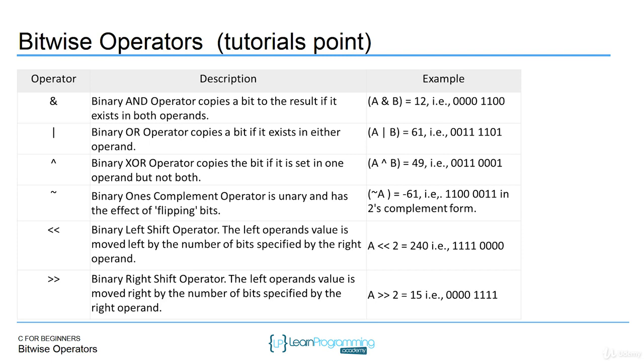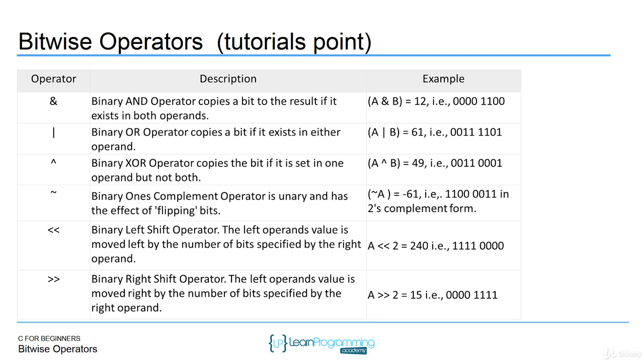I'm assuming that A has a certain binary representation and B has a certain binary representation. So if A is equal to 60 and B is equal to 13, then the result of ANDing them together, doing a bitwise AND, is going to be 00001100, which is 12.